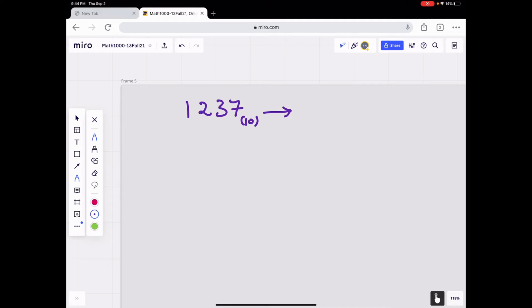So you have to expand it. So you know it's gonna be 1 multiplied by 1,000, plus 2 times 100, plus 3 times 10, and plus 7 times 1.